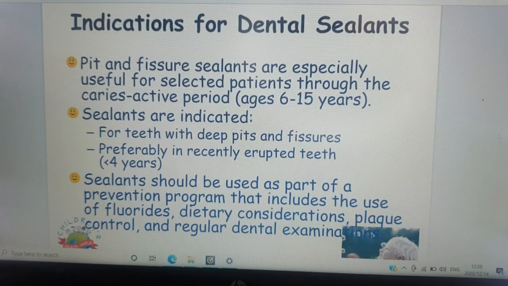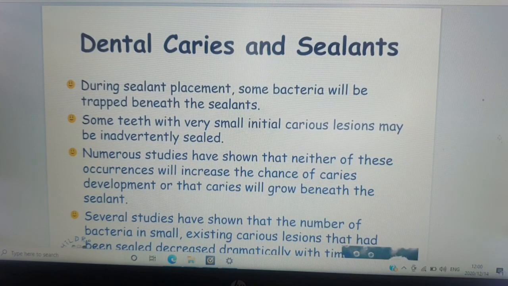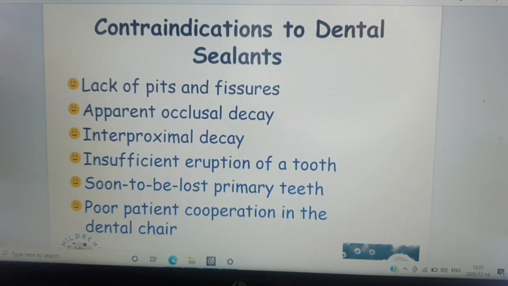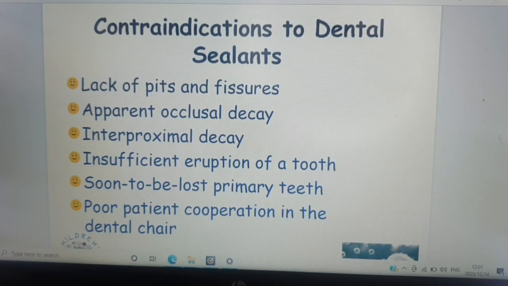So either once a year if the child is low caries risk, but definitely during the developmental stages, we would encourage parents to bring their kids in for dental checkups twice a year, so that we make sure that we intercept or address any problems as the child is growing, because the risk of caries increases with age. Yeah.